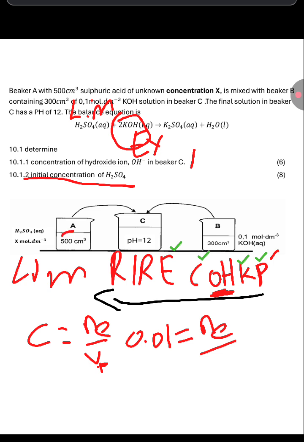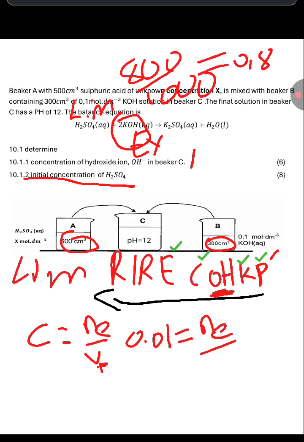When you add 500 and 300, that will give us 800. Then that 800 you divide by 1000, so that is in cubic decimeters, and you get 0.8.